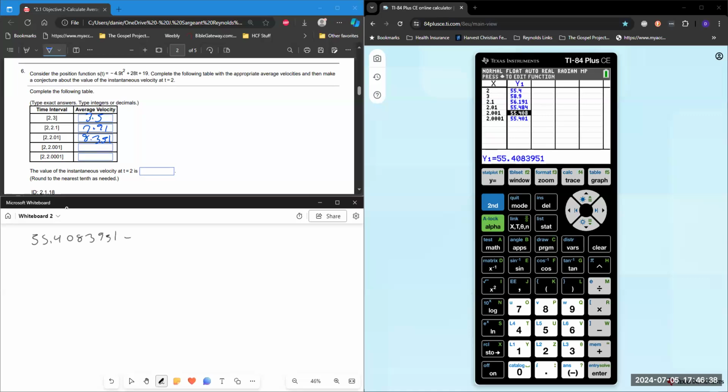55.40833951 minus 55.4 over 0.001 is 0.00833951 over thousandth. The decimal point 3 places to the right is 8.3951.